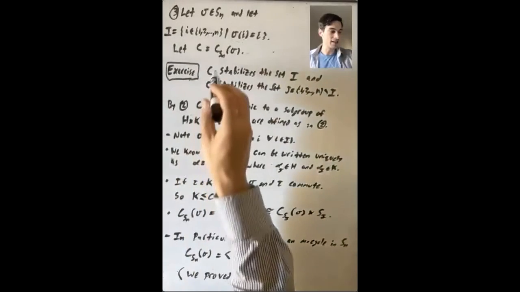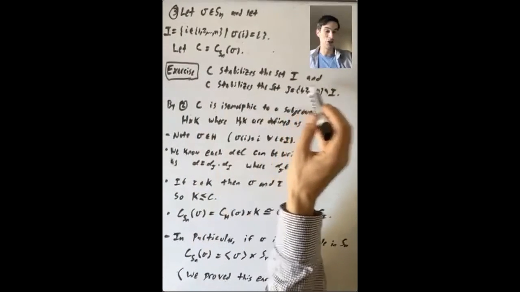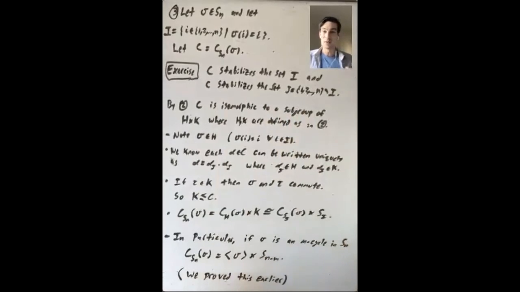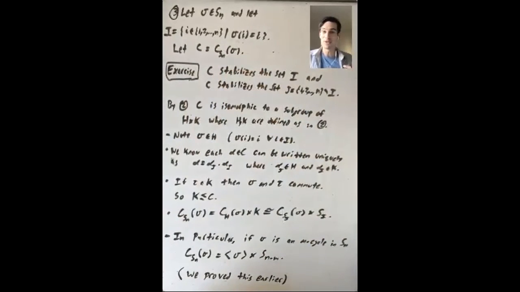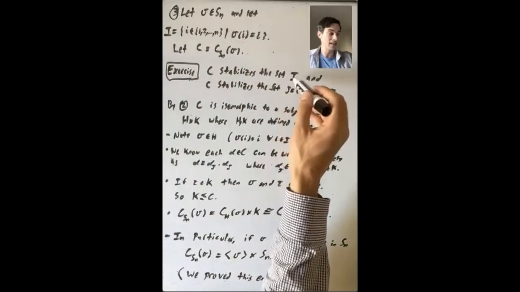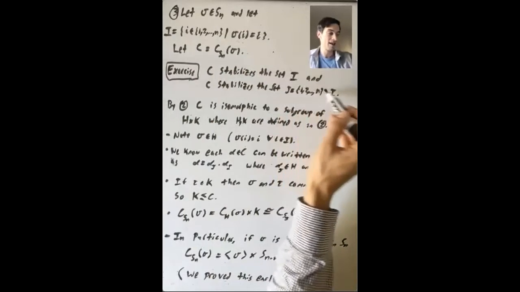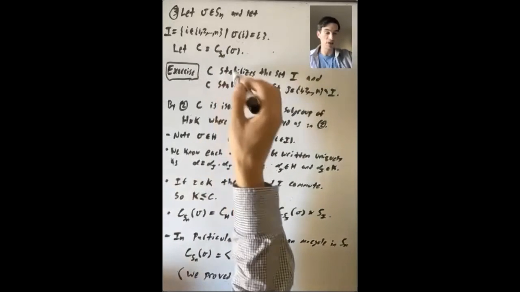So here's an exercise for you to do. You can check that C stabilizes the set I, and C stabilizes the set J, the complement of I, as well. So what does that mean? If you have any permutation in the centralizer of sigma, so any permutation that commutes with this permutation sigma, then that permutation has to move around the elements inside of I and also move around the elements outside of I. But you can't have a permutation in the centralizer that, for example, takes something in I and sends it to something in J. So this is pretty straightforward to prove.